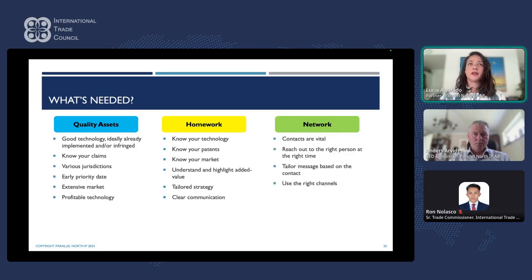It is extremely important that you have the right contacts, so you reach out to the right person at the right time. Timing is key. For example, we understand that companies sometimes are in the process of closing budgets. So sometimes it is a good time to propose them a deal before they close their budget.